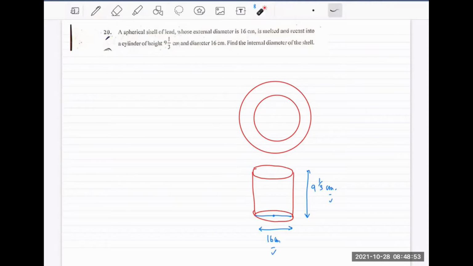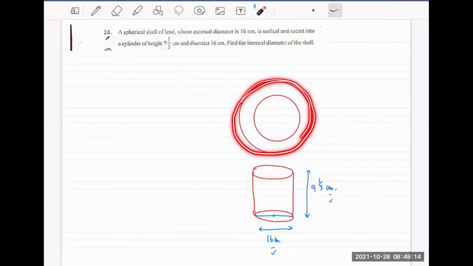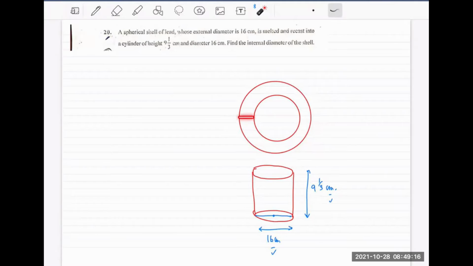So everything is given for the cylinder. We need the radius and the height, right? Radius we can find from the diameter itself. The height is 9 1/3. So we need the radius and height of the cylinder, which are given. Coming to the hollow spherical shell, we have the external diameter.